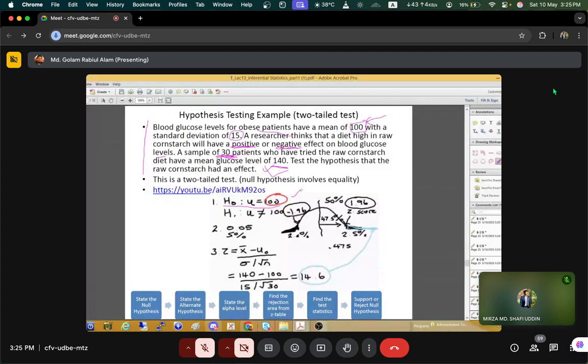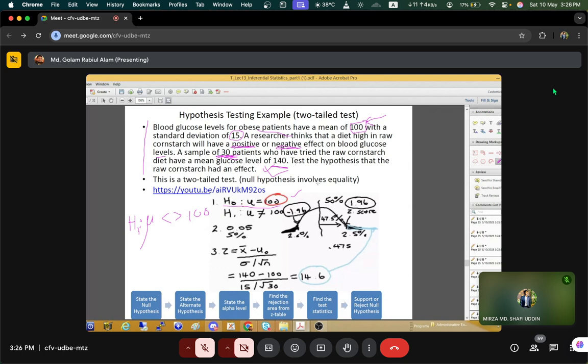What will be the alternate hypothesis? It may have a positive or negative impact, increased or decreased. So mu is not equal to 100. It means it can be greater than 100 or less than 100.